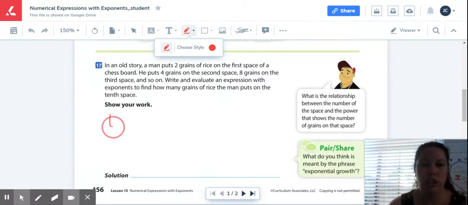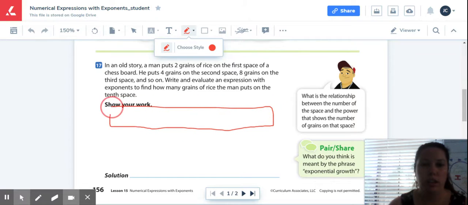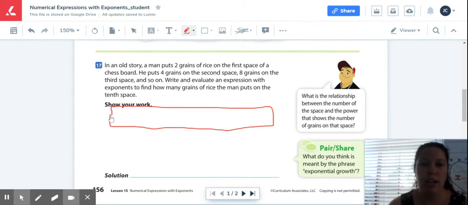I'm going to create a little chart here and split it in half. So he starts with 2 grains of rice, and then he puts 4 grains of rice.